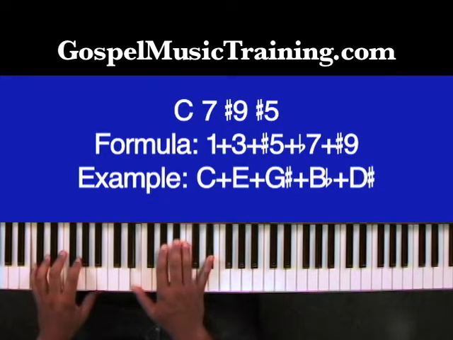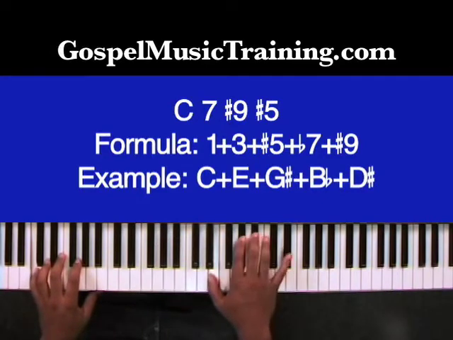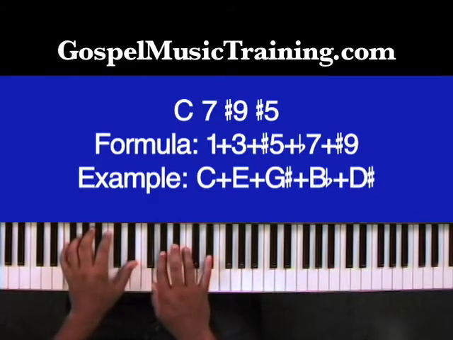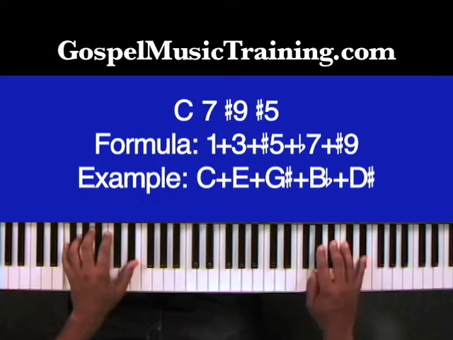I know some people are like, you're using flats and sharps, but technically, that's how it is because we said we're sharpening the 5 and we're sharpening the 9. So that's how it is. And this is a common chord progression used in various keys to actually go to different minor chords. Like if you were in the key of A flat and you were going to F minor, that would be a nice chord to use.